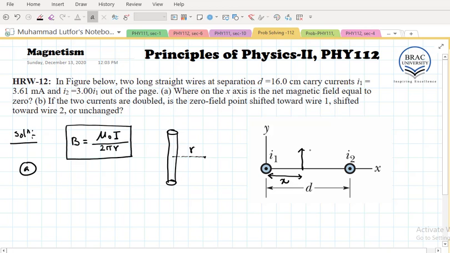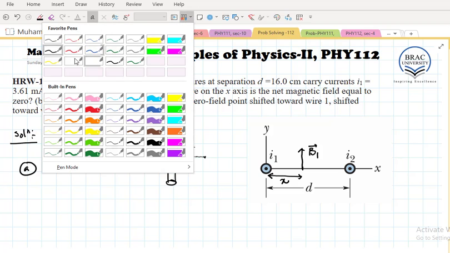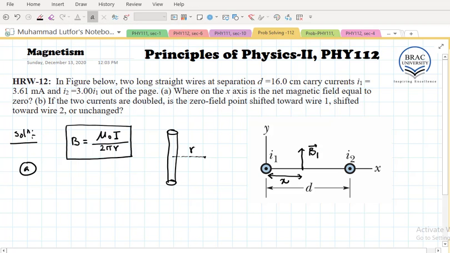This is the direction of the magnetic field from current 1, so I write B1. And for the current in wire 2, the magnetic field must be in the downward direction. This would be B2.